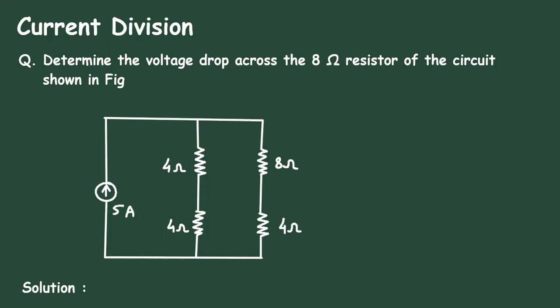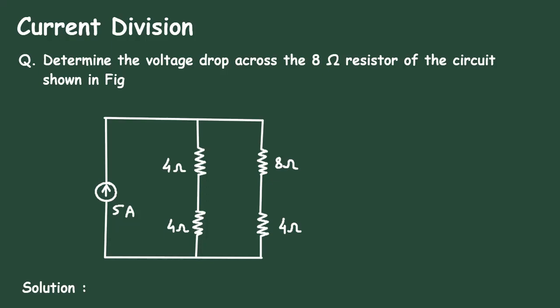So let's write 200 by 51 to get the exact answer. 200 divided by 51. Since it is resistance, its unit will be ohm. So R is equal to 200 divided by 51 ohm. This is the total resistance.